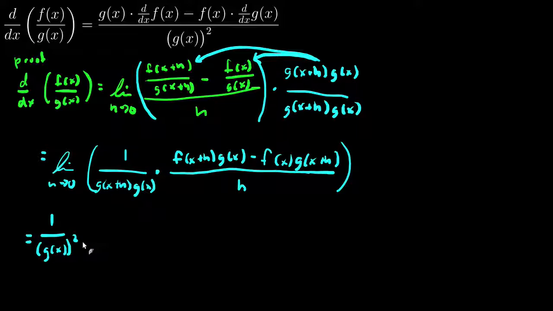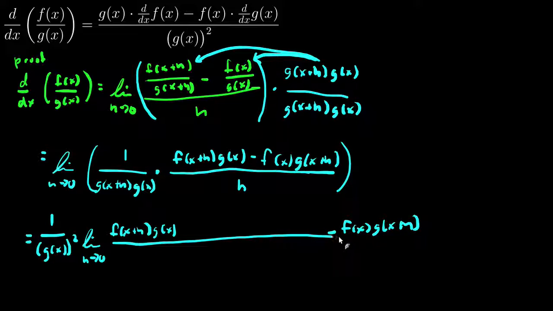Over here, I need to figure out what to do. So I'll bring the limit in, limit as h approaches 0. I'll have f of x plus h, g of x. I'll leave some space to fill in a certain term, and I'll have minus f of x, g of x plus h, all over h.